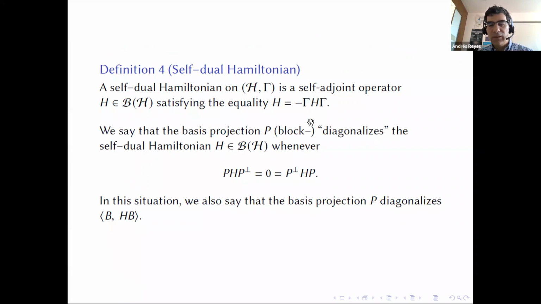So where does this property come from? If we start with a Hamiltonian written in terms of the usual fermionic operators, then we can have combinations of several types: combinations of the form A dagger A, but we could also have combinations of the form A dagger A dagger or AA.